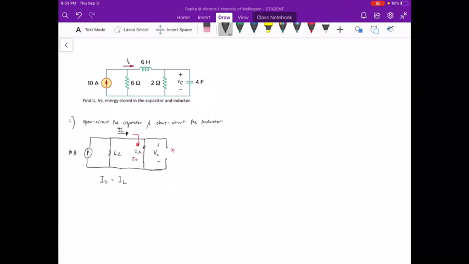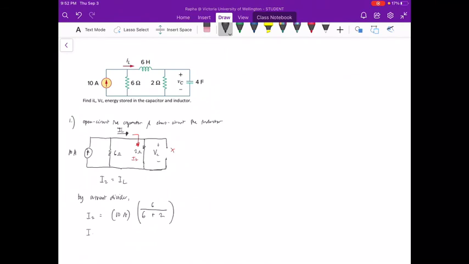We can solve this since we have two parallel resistors and a current source. We can solve this by current divider. By current divider, I2 is equal to 10 amperes, which is the main current, multiplied by the resistor across it, which is 6 ohms, divided by the sum of the two resistors, 6 plus 2.